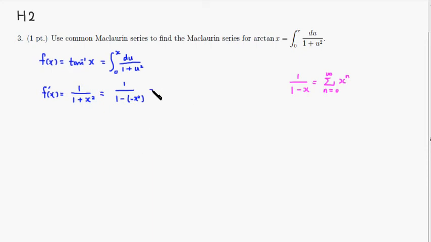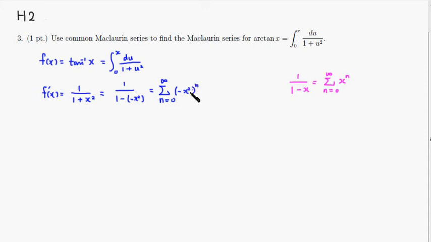So this is a summation, n goes from 0 to infinity, of negative x squared to the n.